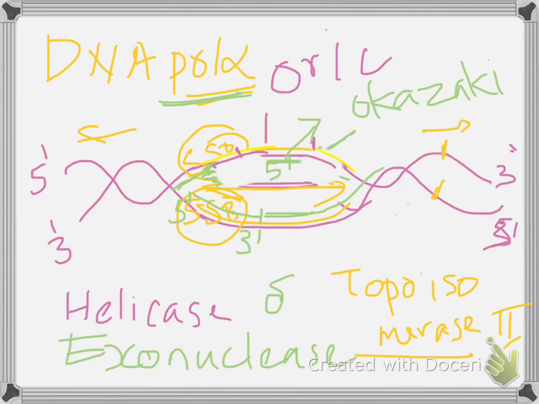So we get two copies of DNA from one single stranded DNA. This is the process of replication.